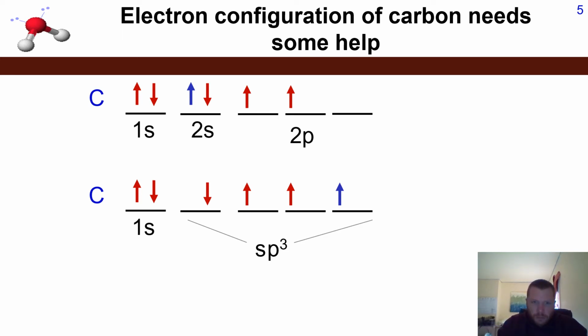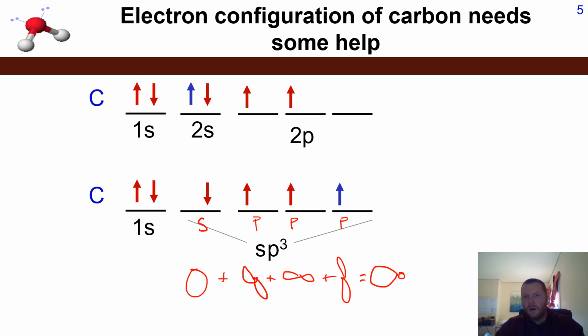So this right here, which was an s orbital, and this is a p, a p, a p, a spherically shaped orbital, a dumbbell, a dumbbell, and a dumbbell. Well, now, all of a sudden, we have an orbital that is this, plus this, plus this, that looks a little bit more like this, where we have one s orbital and 3 p orbitals. This is known as an sp3 orbital.